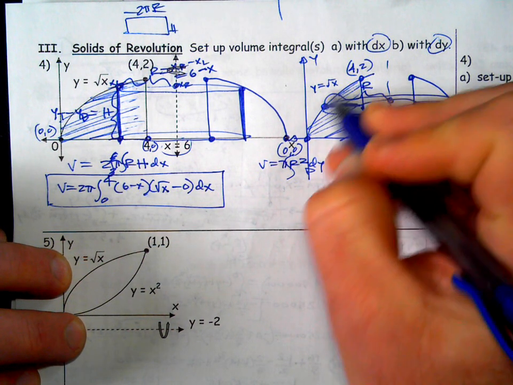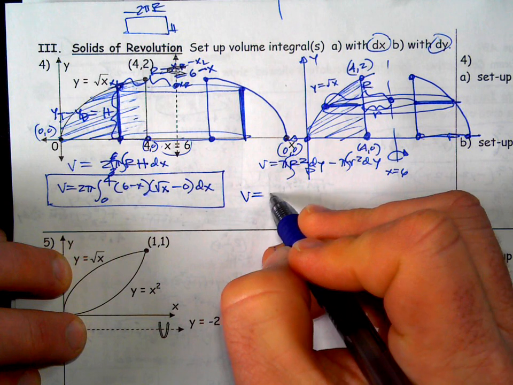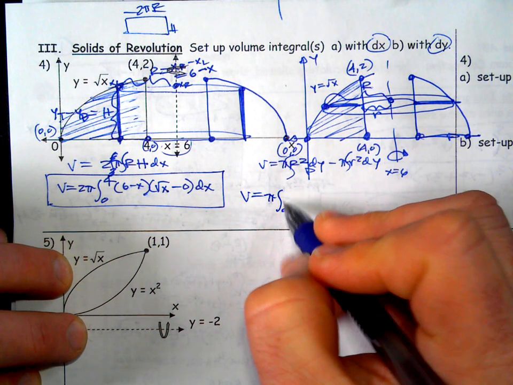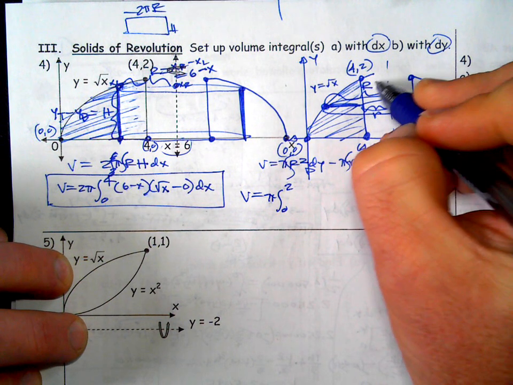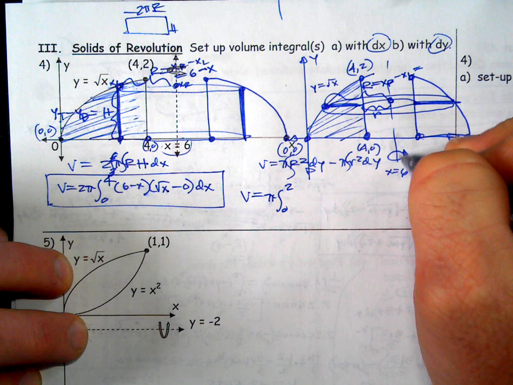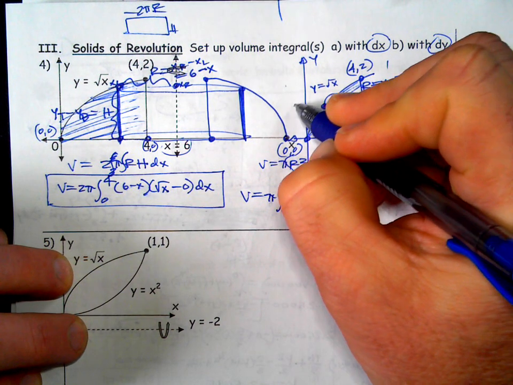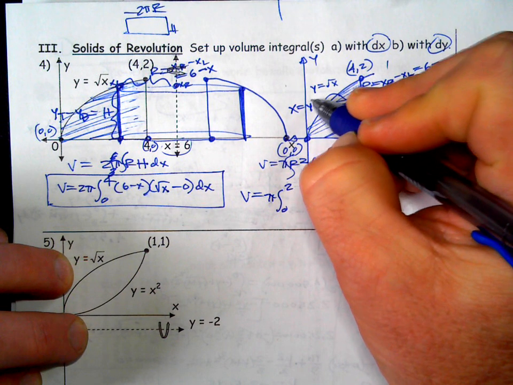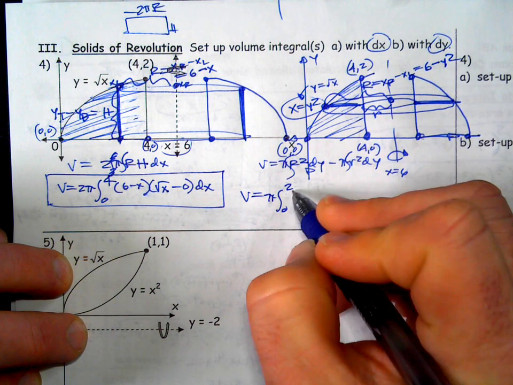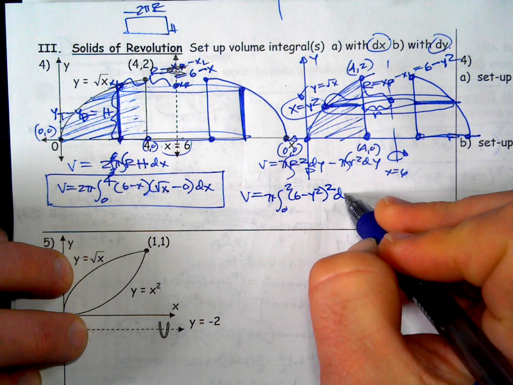Always use the original region, okay? So first, we're integrating in the y direction, so 0 to 2, bottom to top. The big R is x right minus x left. X right is always 6. X left is actually tied to the curve, and it is y squared, right? So 6 minus y squared, squared dy.